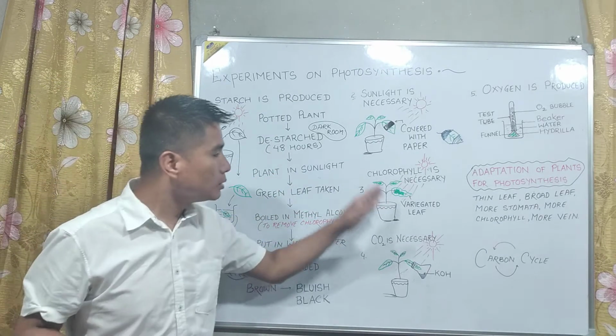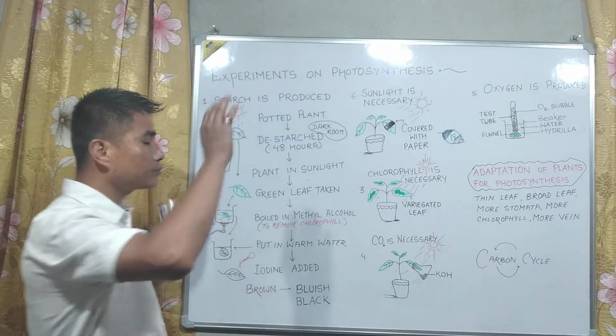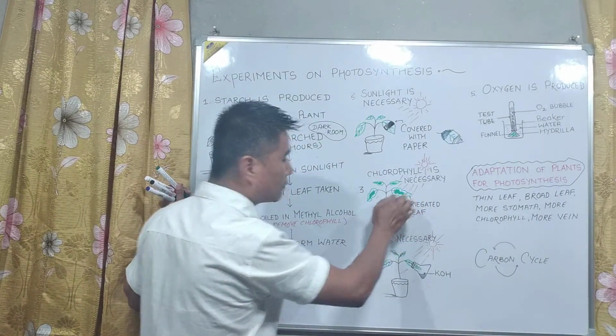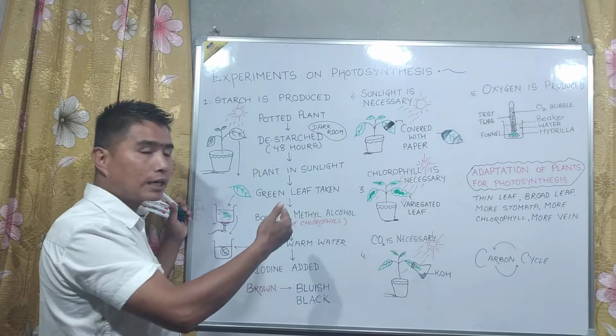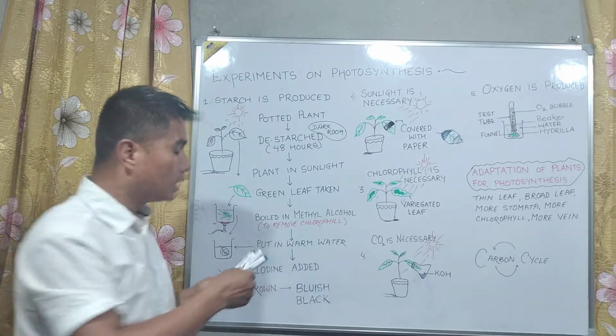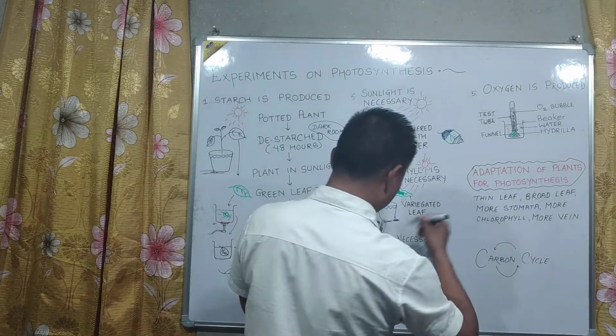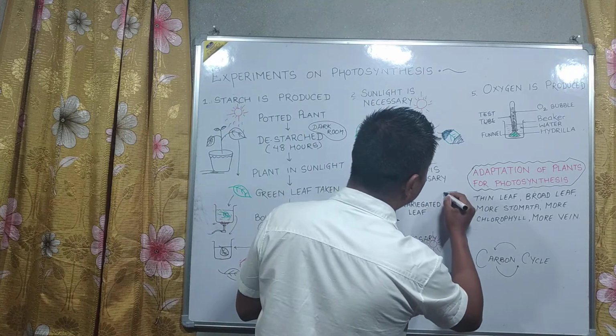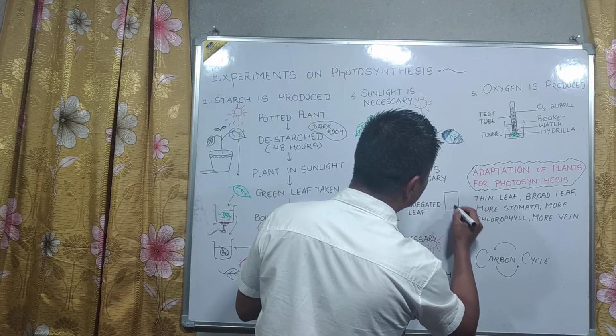Before keeping the plant in sunlight, we take the leaf and draw the leaf outline on a graph paper. That also can be done.